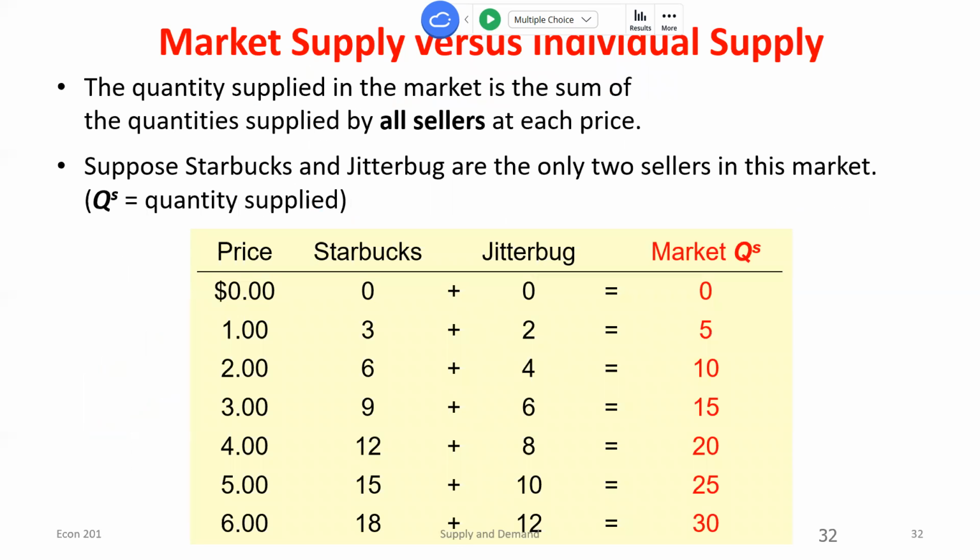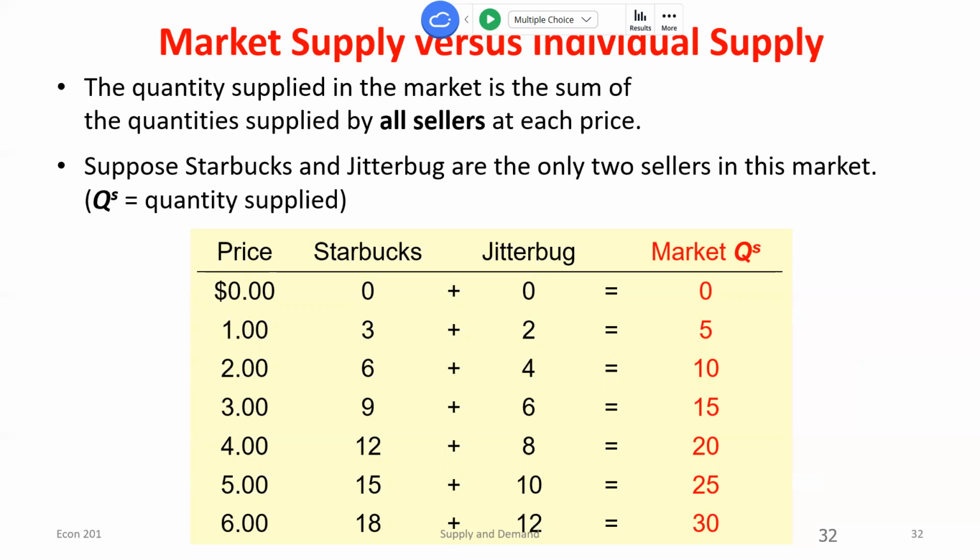As I add more producers, my market supply is not just going to be from one company, it's going to be a total from the two companies. Just like when I added more consumers, the market demand increased, as I add more suppliers or producers, market supply will increase. So even if I kept the price the same, let's say before we only had one company.